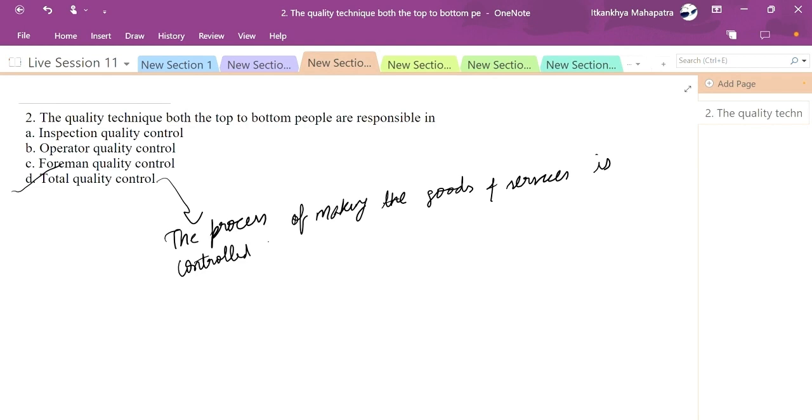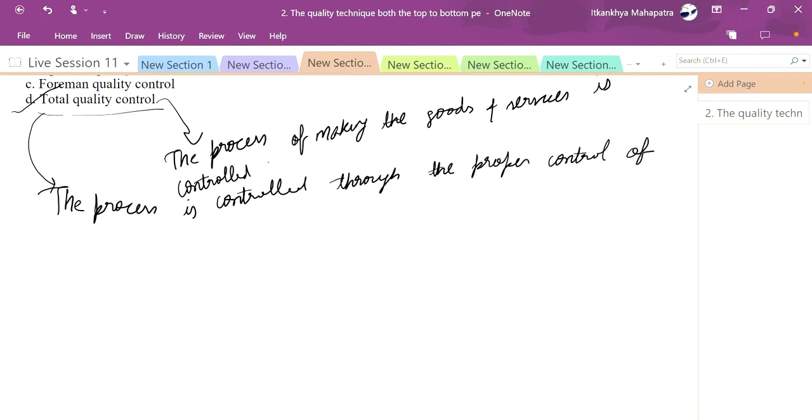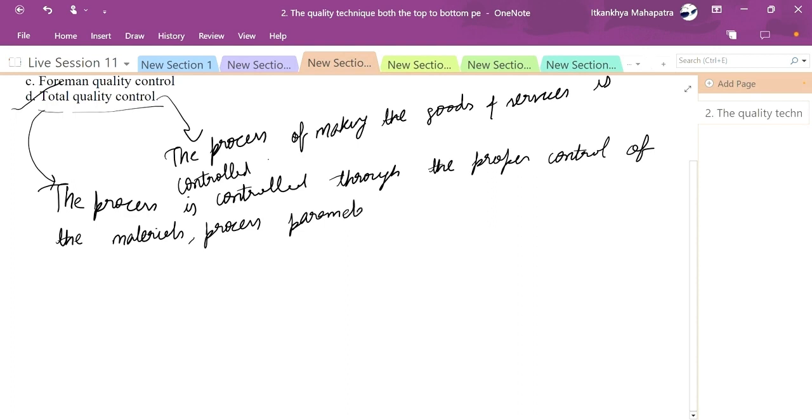That means the process is controlled through the proper control of the materials, process parameters, procedures, etc.